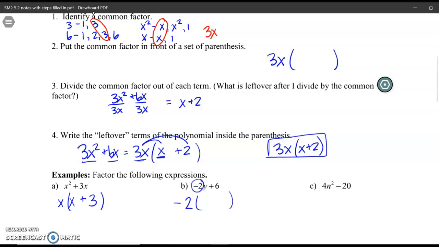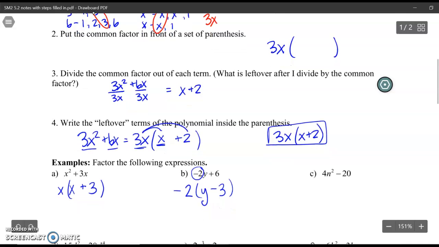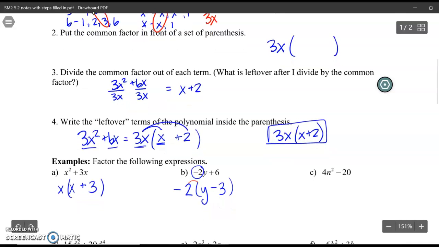So when I do -2y divided by -2, I'm just left with the y. When you factor out a negative, you have to be careful, because now 6 divided by -2 is going to switch to a -3. And again, you can always check this just by multiplying this number back in and making sure that you get what you started with.